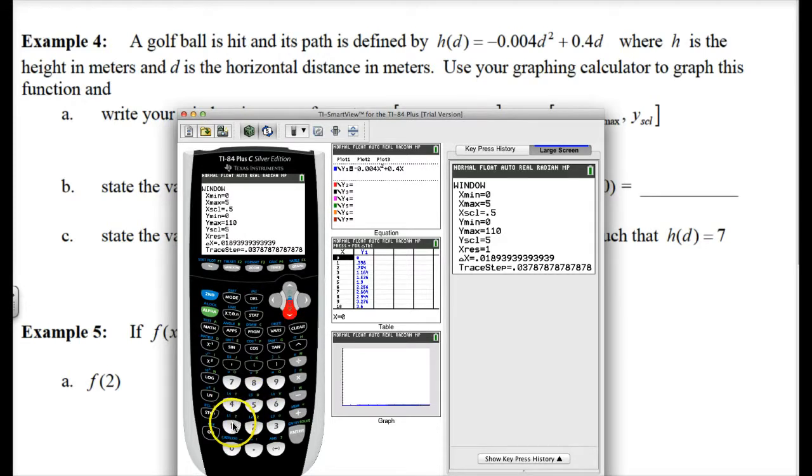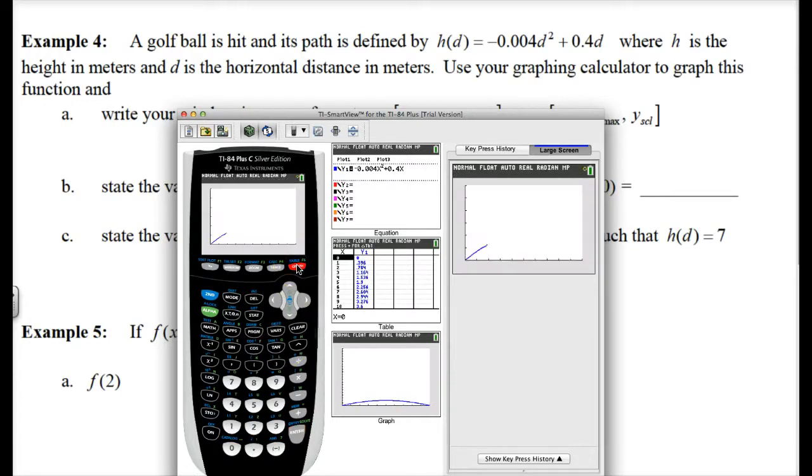Let's say we hit 100 meters, and we'll go by tens. And then how high will this go? I'm going to go with 30, and I'm just guessing. And we'll go with the y scale of 5, and we will hit graph and see what we get.